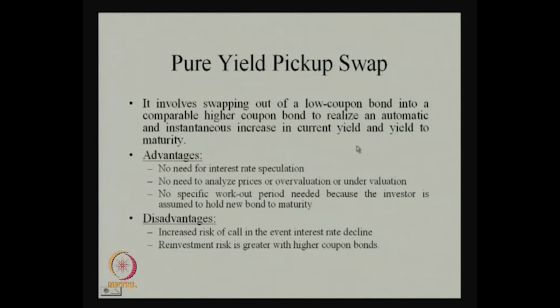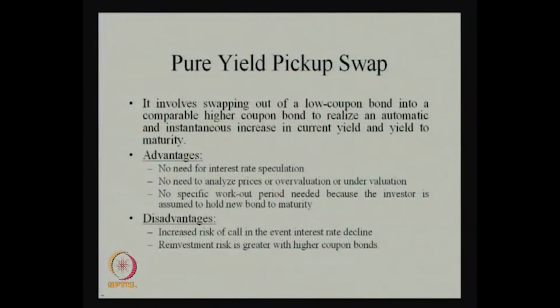Maybe another fellow swapping the bond with him does not need this increase in current yield at that time, maybe he wants to stay in the market for a certain period, and by looking into interest rate behavior and other things, maybe he can maximize his return in the future. But in this case he needs the current yield immediately, that is why he wants to swap the low coupon bond for the high coupon bond.